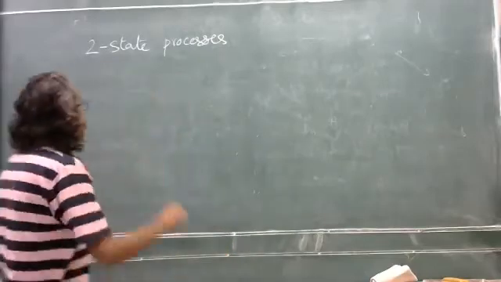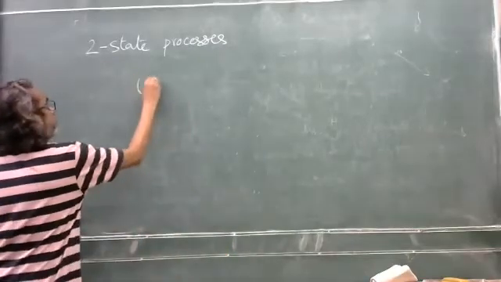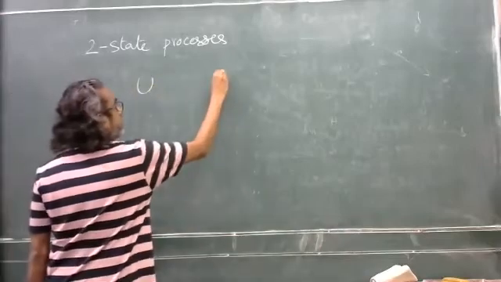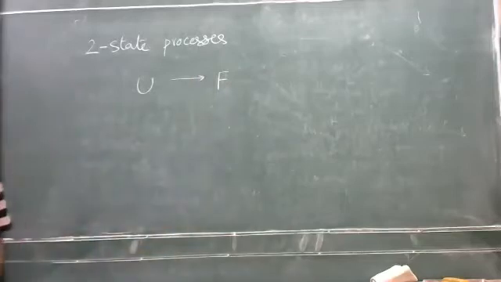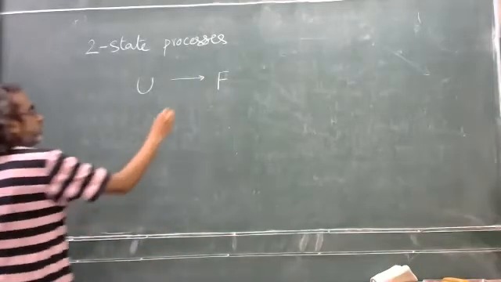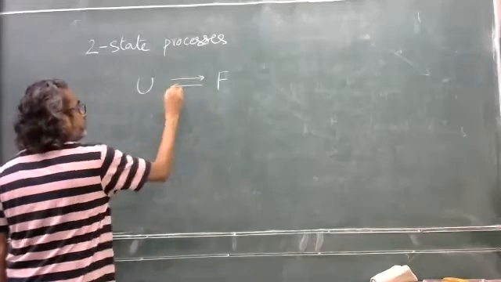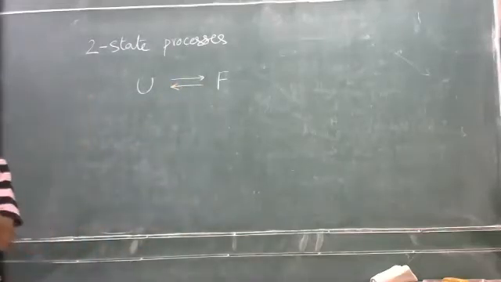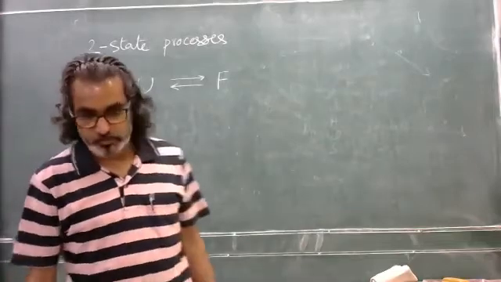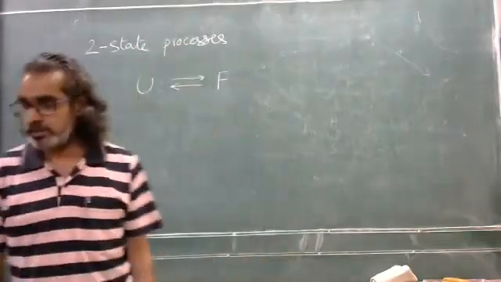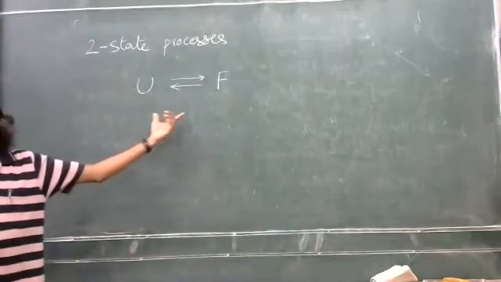Typically, you have an unfolded state, which can go to a folded state, and this folded state is always in equilibrium with an unfolded state. So this is a two-state process where the unfolded and folded states of a protein are in equilibrium.